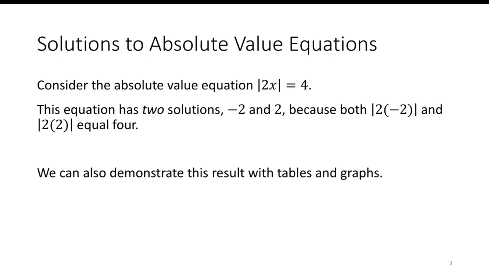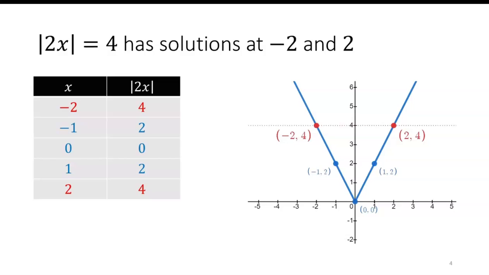We can also demonstrate this result with tables and graphs. So, for instance, the absolute value of 2x equal to 4, I would pick some values for x and calculate the absolute value of 2x. So the absolute value for negative 2 is positive 4. For negative 1, it's positive 2. For 0, 0. For when x is 1, the absolute value is 2.